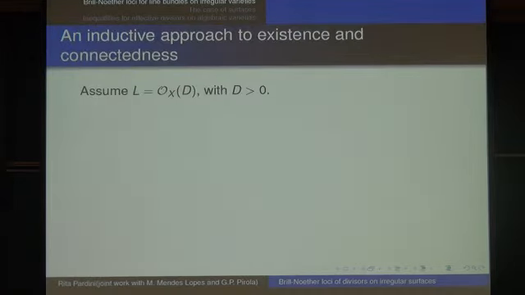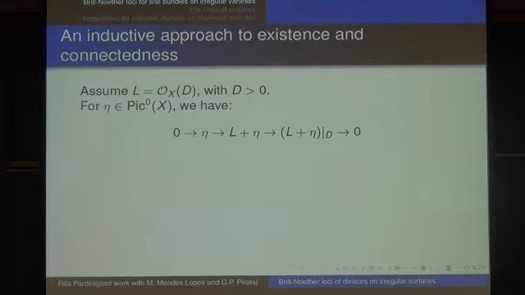And since the approach that is used for curves is not so easy to generalize to higher dimensions, as I've already explained, we tried to take a different point of view, a different approach to a proof of a Brill-Noether type result. So we start with an effective divisor D on the variety, and this time I wrote it correctly.